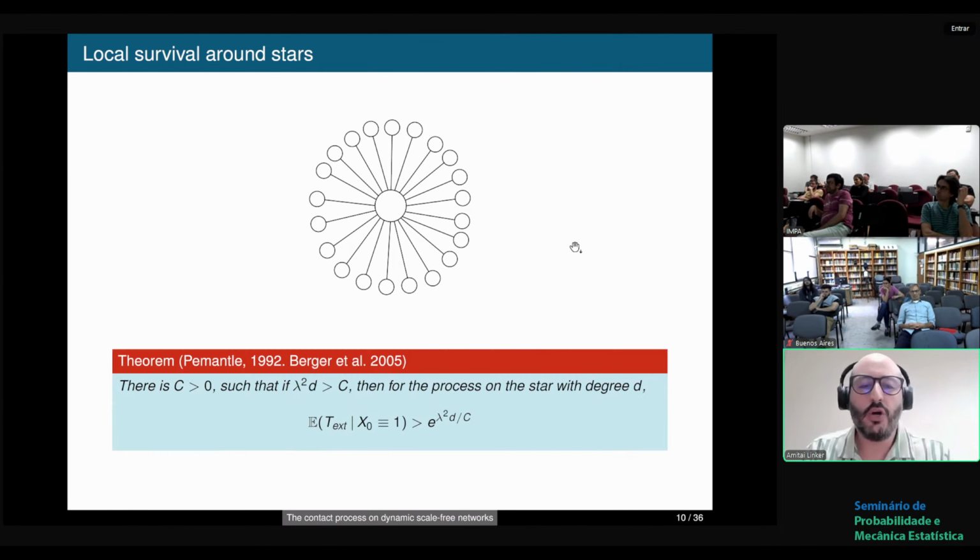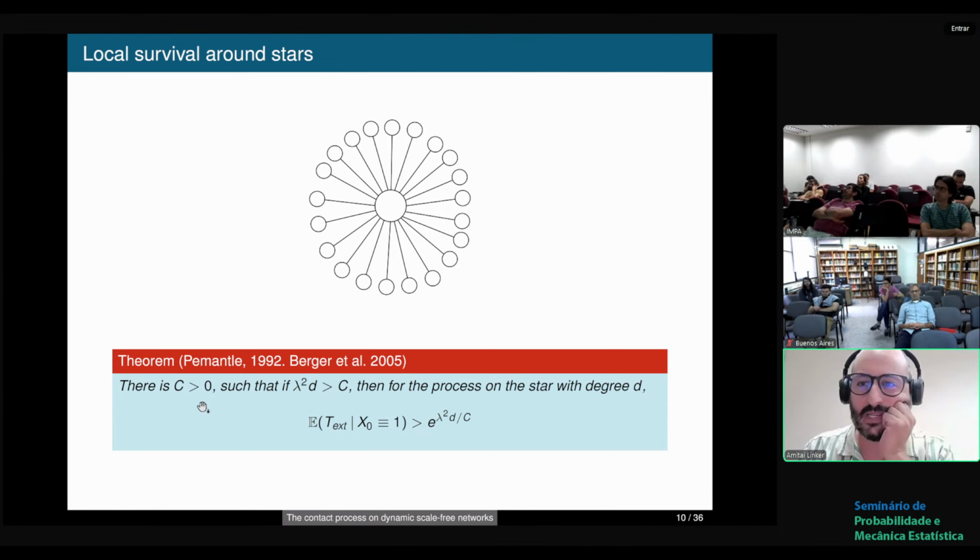Okay, so there is a theorem, and this has been proved several times in different contexts. I'm giving here one of the very first versions of it by Pimentel and another one by Berger in 2005, but this has been proved maybe 6, 7 times. We also did it. You always do it.